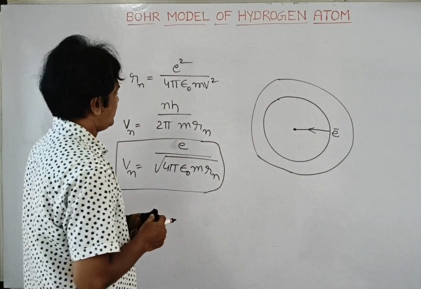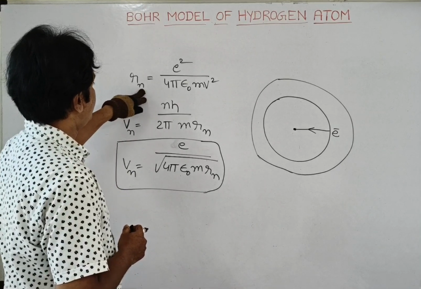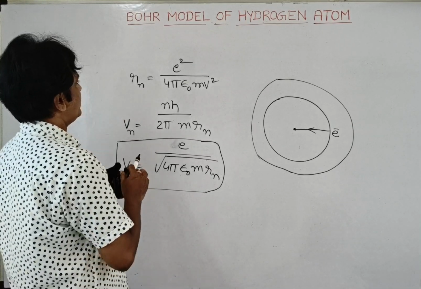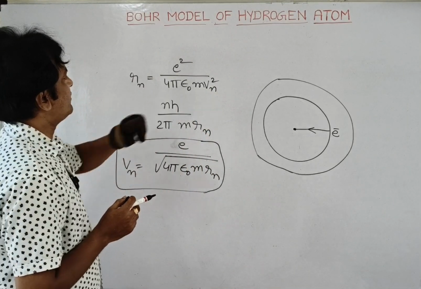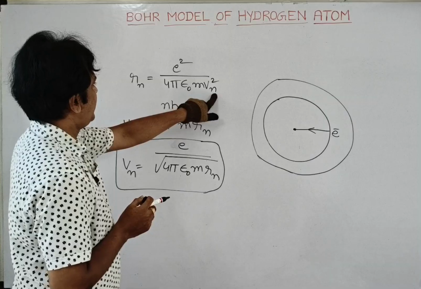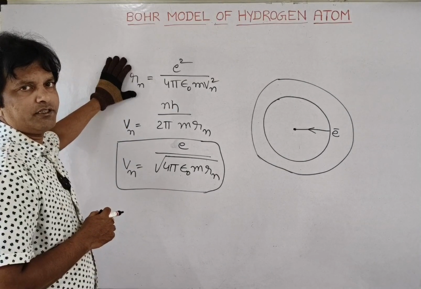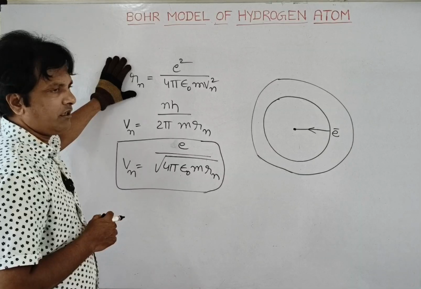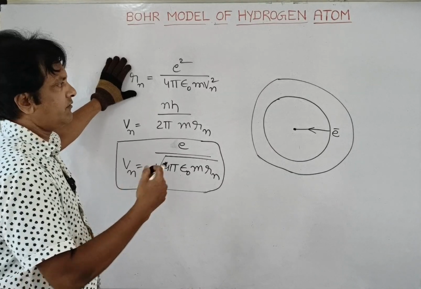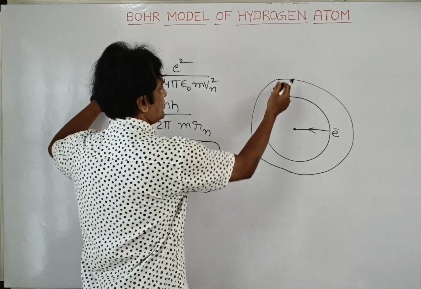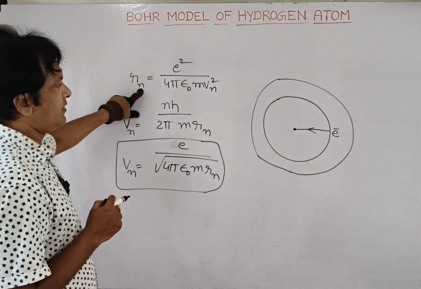In the same sense, we can also calculate Rn. How do you do that? Putting this value in place of Vn, you will get the value of Rn, that means the radius of the Bohr orbit, or whichever orbit we take: first, second, third. If you place one here, that is the first orbit.